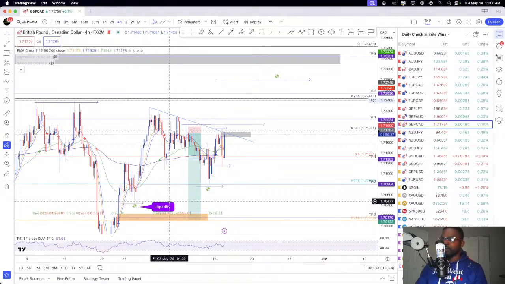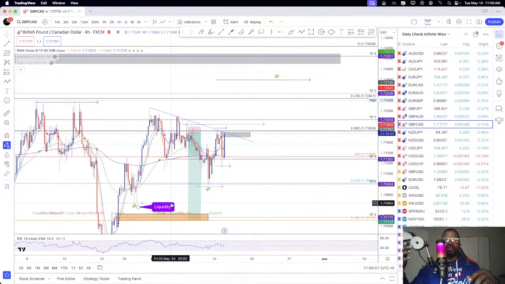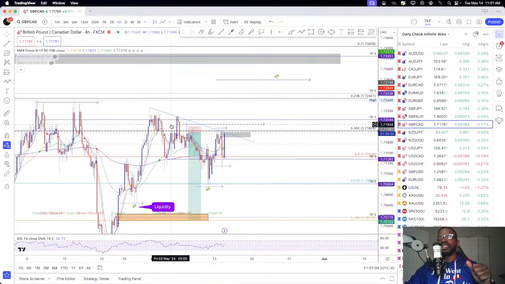So I made it a rule to pretty much always figure out what could happen just in case price goes against you. And that removes you from this one thing that used to destroy my account. After I picked the trade and I believed it to be a winning setup, I would continue to sell it if it was a sale, even if I lost the trade, just because it's like, oh, I know it's a sale, and that would kill you.